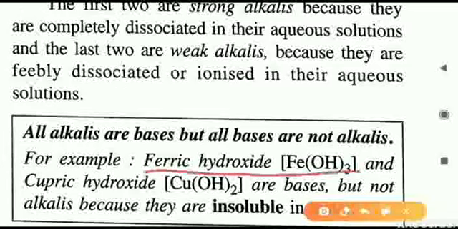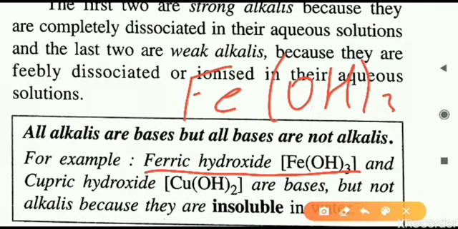For example, ferric hydroxide, Fe(OH)3. Iron, Fe, is a metal, and its hydroxide is Fe(OH)3. This is an example of a water insoluble base. It will not dissolve in water, and OH minus will not be provided in this case.